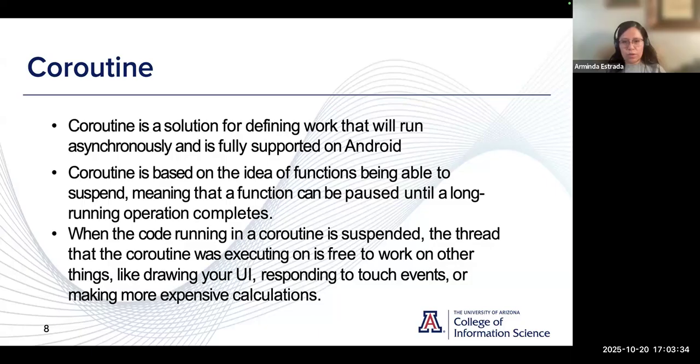When the code running in a coroutine is suspended, the thread that the coroutine was executing on is free to work on other things, like drawing your UI, responding to touch events, or making more expensive calculations. So the main thread is going to be used for other things. Okay.